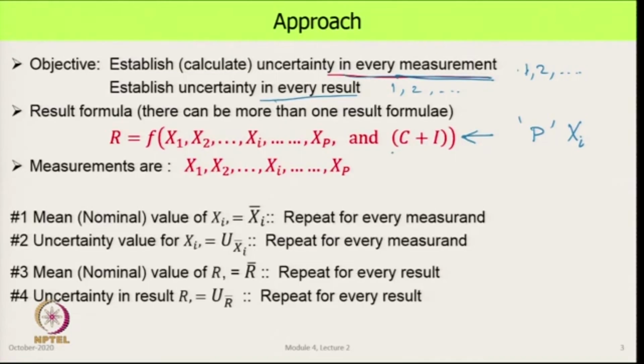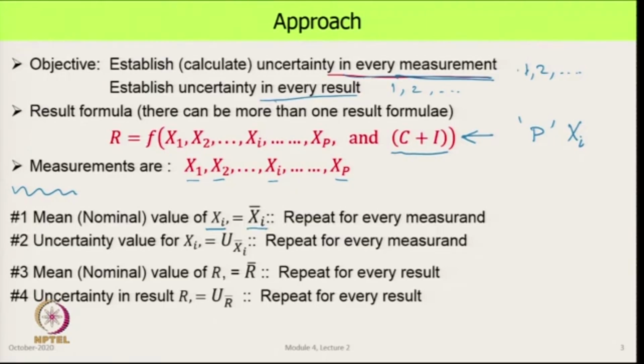Along with these parameters, there are a set of constants, universal constants, physical constants, numbers, whose value has no uncertainty associated with them. And the data that we have to work with is measurements of every parameter. So, broadly, we first calculate the mean value of every measurand or parameter, x_i bar.